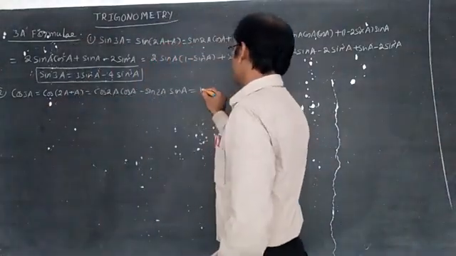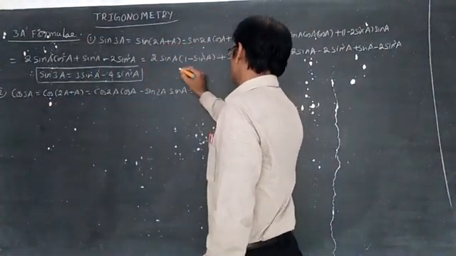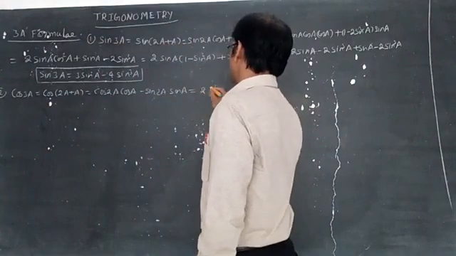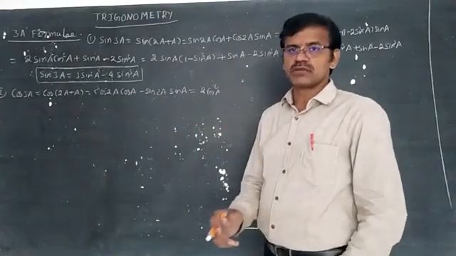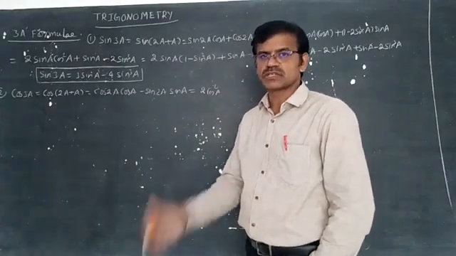Cos 2A formula is 2 cos square A minus 1, because we should get the cos 3A formula in the form of cos terms.